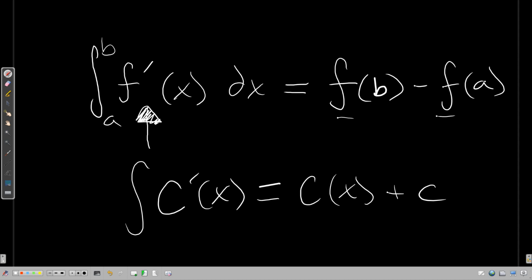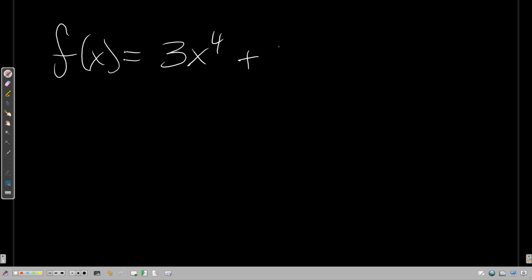Okay, and let's see, what else might be there? Definitely you would see an initial value problem. An initial value problem is where you're given the derivative of a function, and you're told one point where the undifferentiated function goes through.